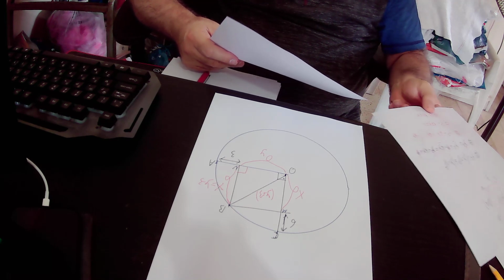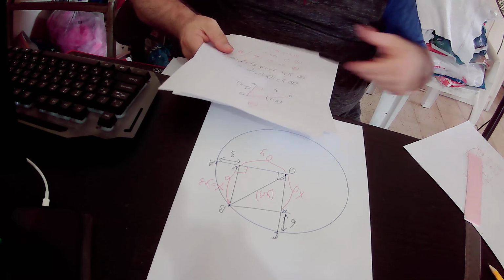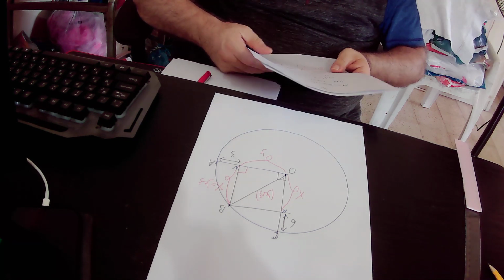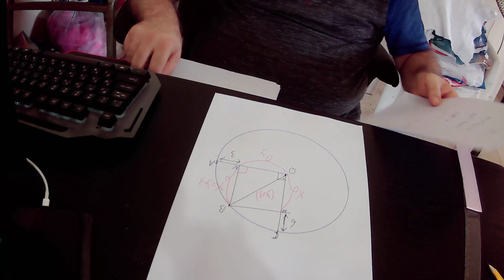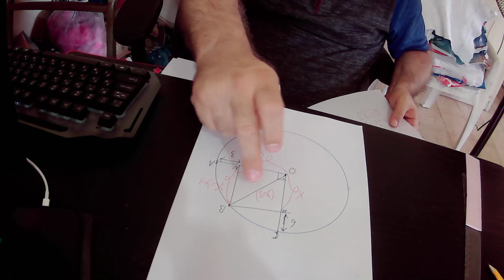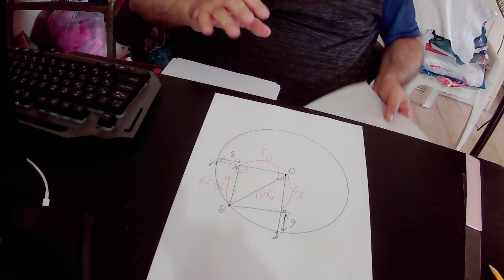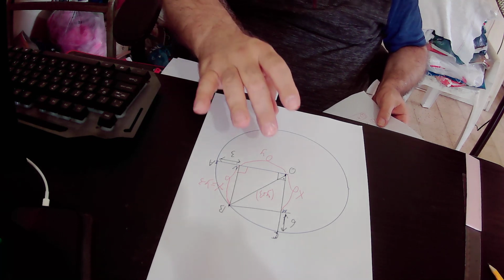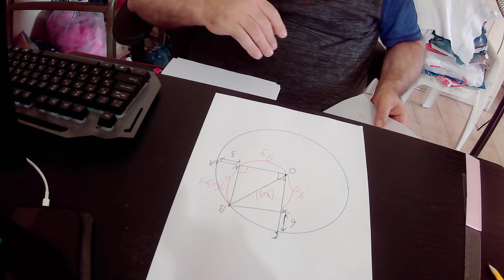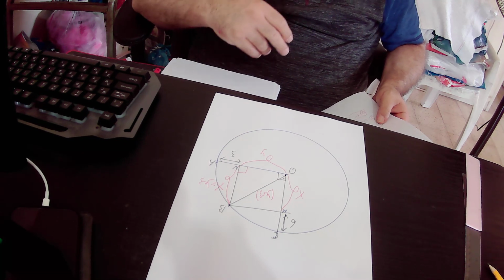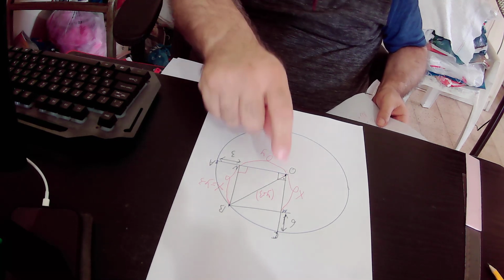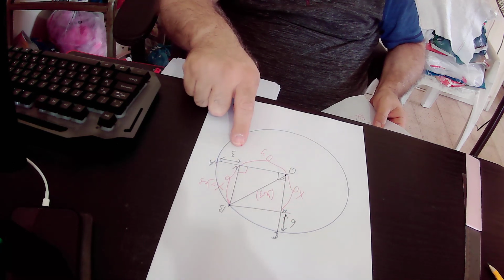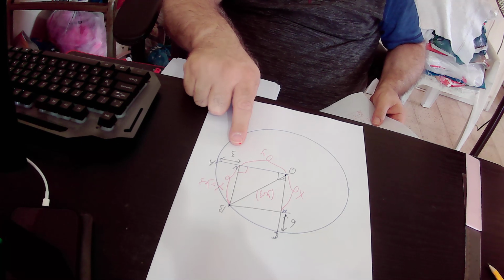Okay, so now I'll summarize the short lecture. Actually, we wanted to find out the radius of this circle. In the circle we have a square. We know that the size of MF is 6 units, and the size of NA is 3 units.